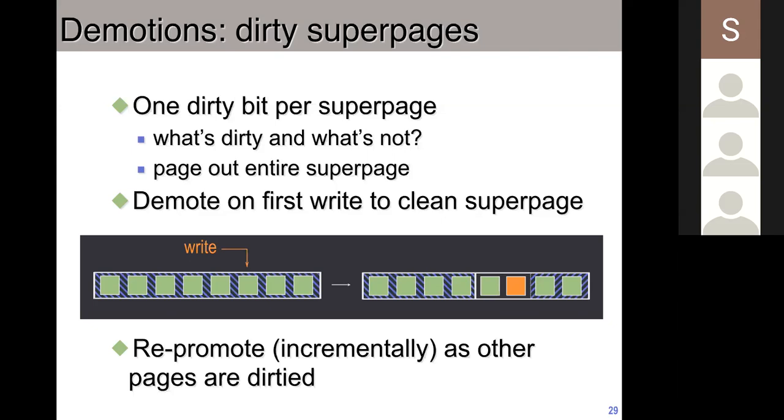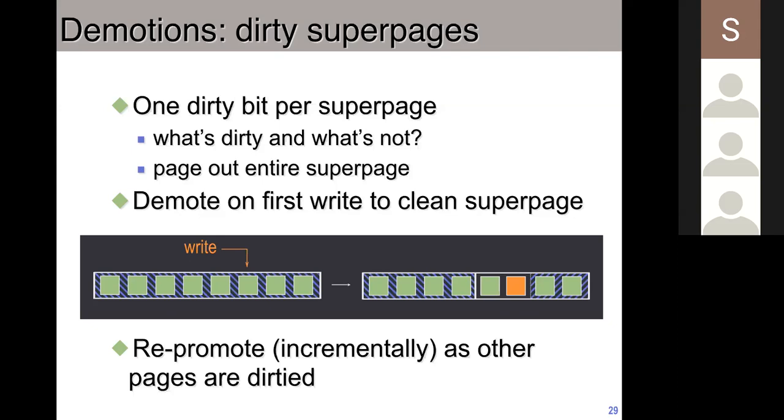Remember that because there's only one dirty bit, by default, the MMU can't tell you which base page was dirty. So in this example, we have 8 base pages, and the application writes to the 6th base page. If by some magic, at the time the write happens on that base page, we can demote the super page, but we don't want to demote it all the way.